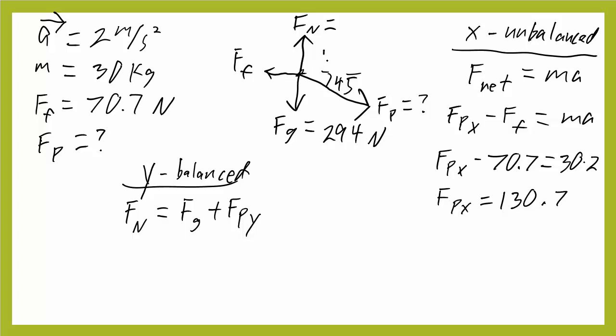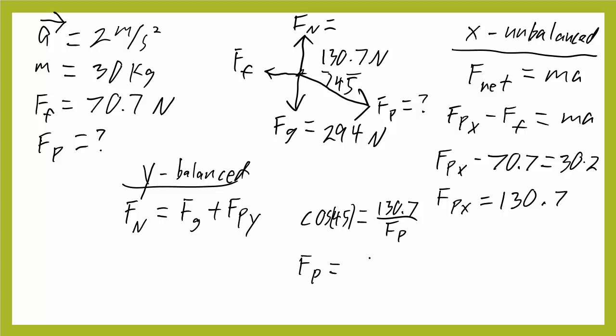So if I know this side of my triangle is 130.7 newtons, and I know that this is a 45-degree angle, I can say that the cosine of 45 equals adjacent, so 130.7, over hypotenuse, which is the entire push force, which is what we're trying to find.